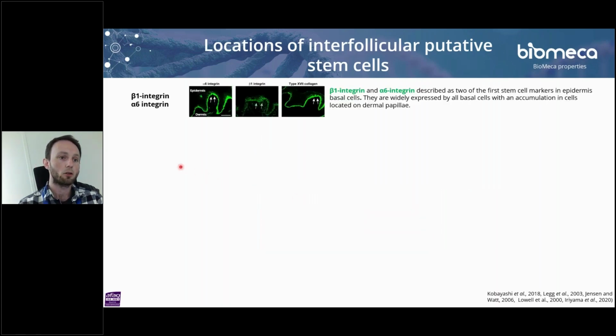These markers include beta-1 and alpha-6 integrin, which are described as two of the first stem cell markers in epidermis. And as you can see on these images, beta-1 and alpha-6 integrin are widely expressed by basal cells along the basal layer, but we can detect some accumulation, some enrichment of this protein in cells located at the dermal papilla area.